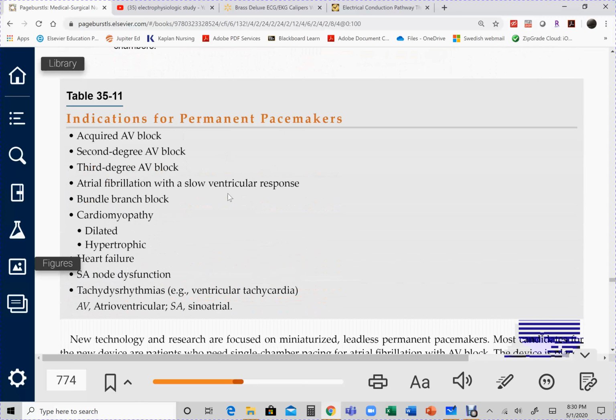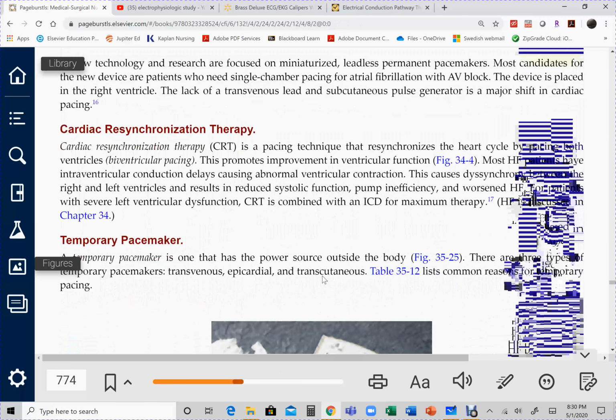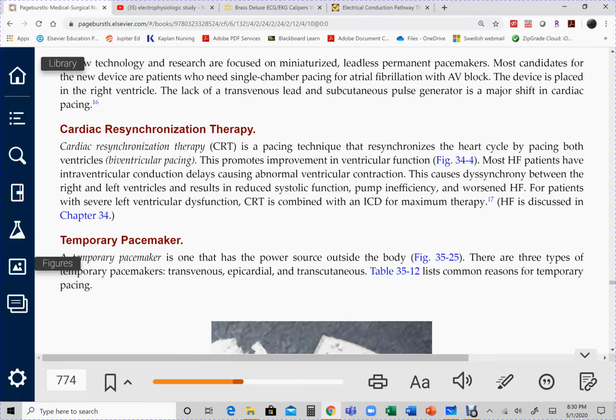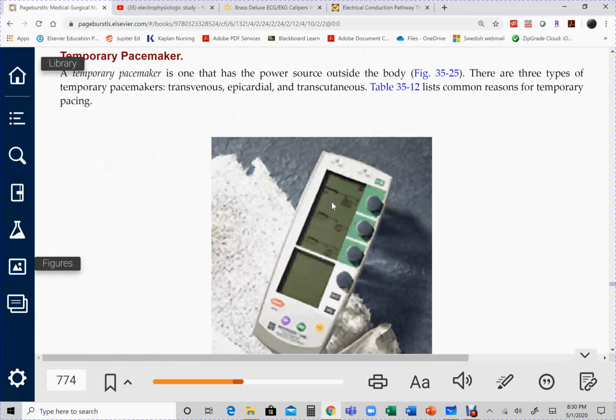These are the indications of pacemakers. So I mentioned heart blocks and Afib. CRT we're not testing. Basically CRT is a combination of pacing and ICD. This is what a temporary pacemaker looks like.